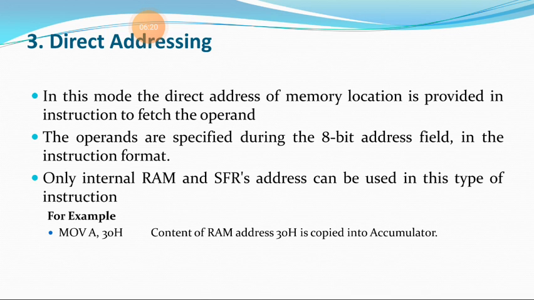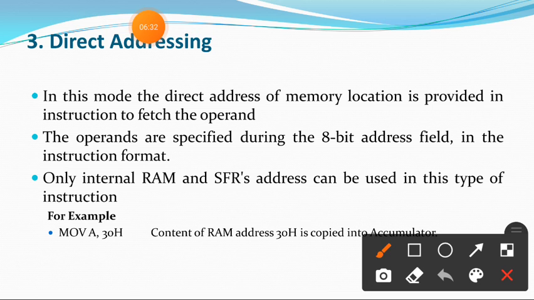For example, MOV A, 30H. Here 30H indicates the RAM address, and the content of that address will be copied into the accumulator. Another example is MOV R0, 89H.